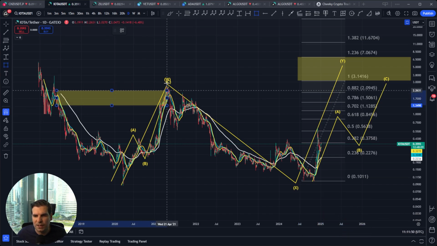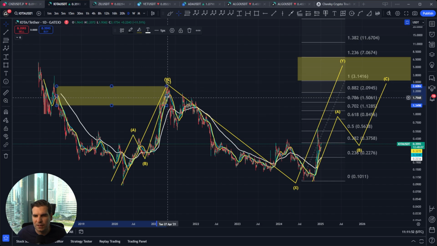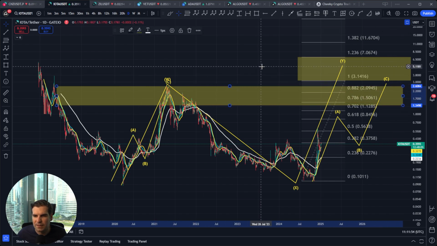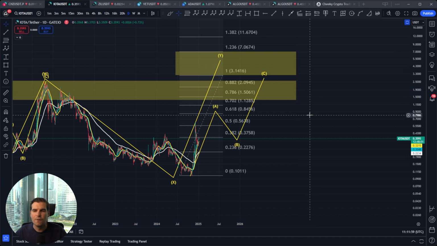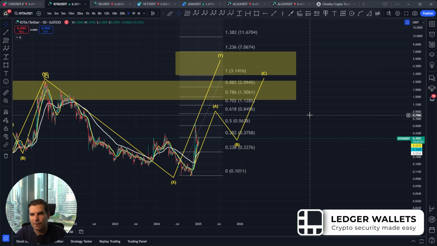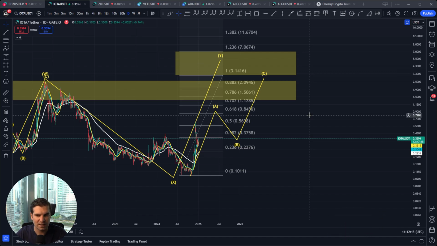This is a multiple year one, so we want to give ourselves a little bit of thinking space here. But the main resistance, where I think we're going to find the resistance for the price action in 2025, is going to be around that 786 out towards the 1. So for me, I would be looking to dollar cost average out of the market on IOTA anywhere around $1.50 up towards $3. I don't suspect it's likely to go higher than that.